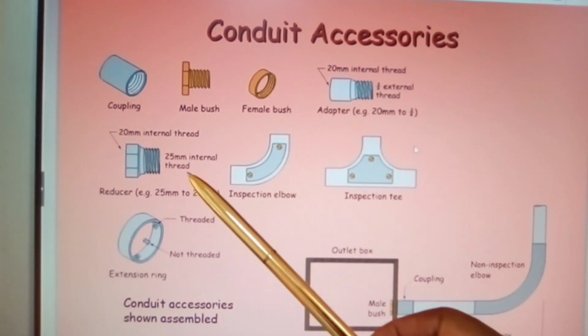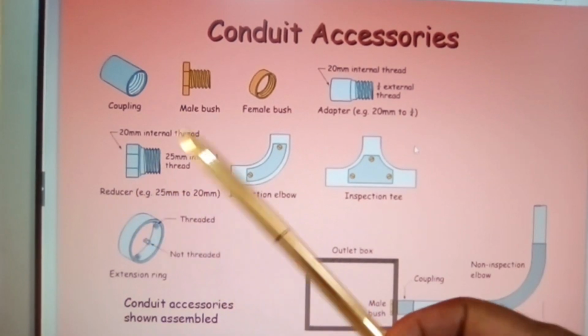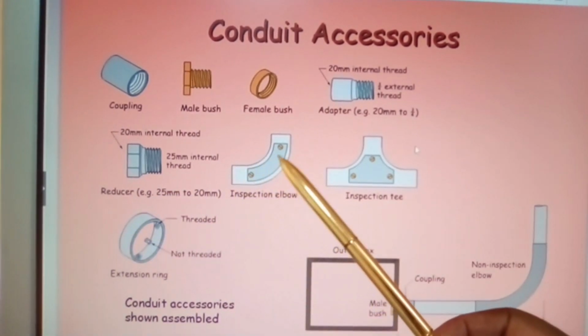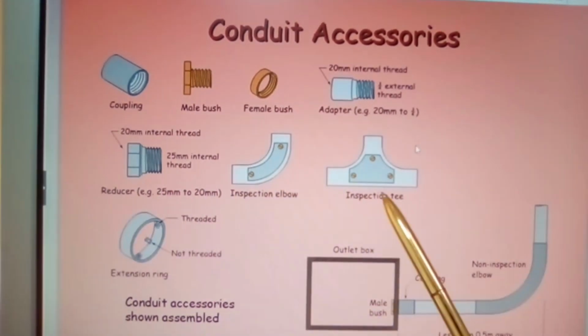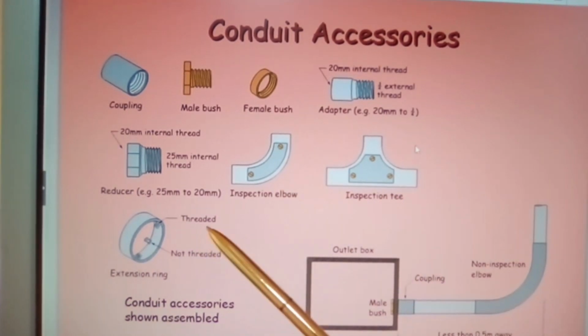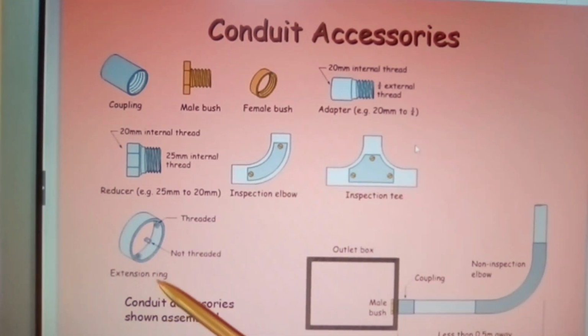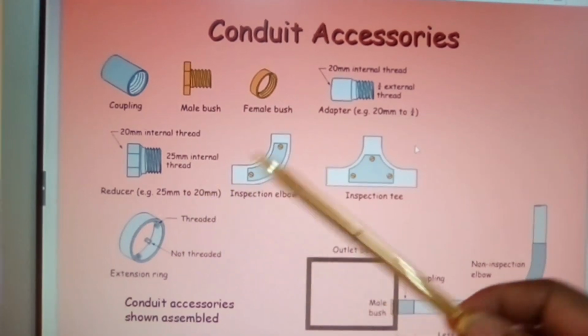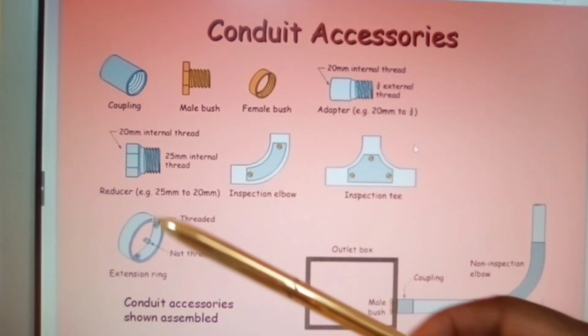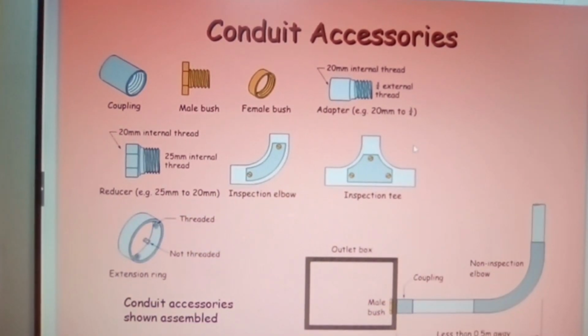These allow you to reduce in size, inspection elbow, inspection T, and so forth. Threaded extension ring: you may need this to put on your box to bring it forward and give you access to the cables inside.